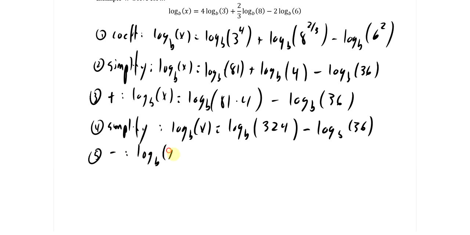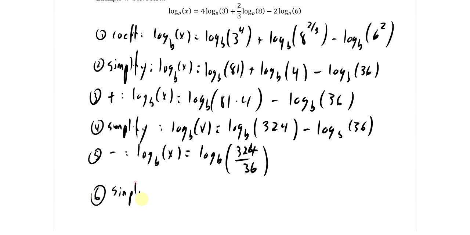Log base b of x is log base b of, well, subtraction means take the two logs, turn them into one log, and divide the two things inside. That's 324 over 36. And then the next step is simplify again. Log base b of x is log base b of 324 over 36, which is 9.